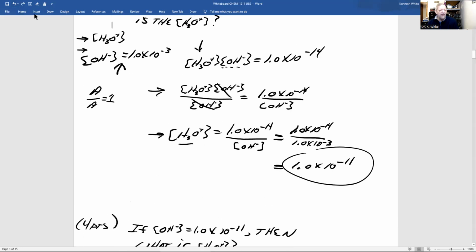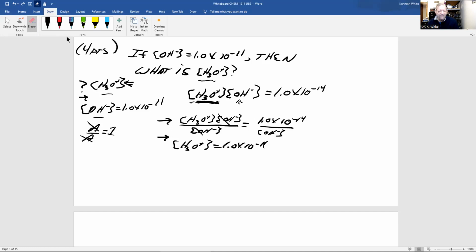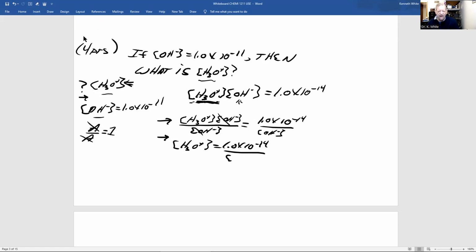Boy, I'm having a bad 14 day. That's better. Divided by hydroxide ion concentration. And now we know what this number is because we have it up here.